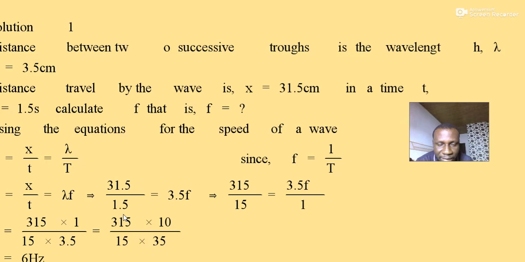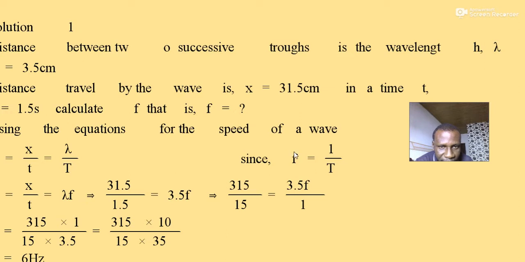x over t is the wave speed, and it's a very simple matter to say x over t is also lambda over capital T, the period.